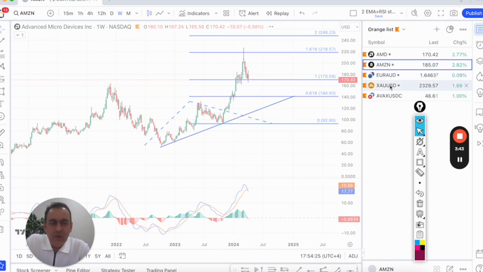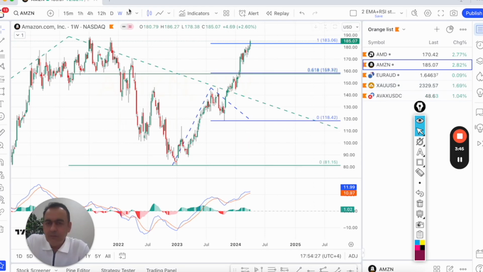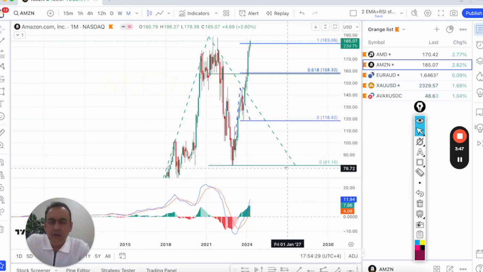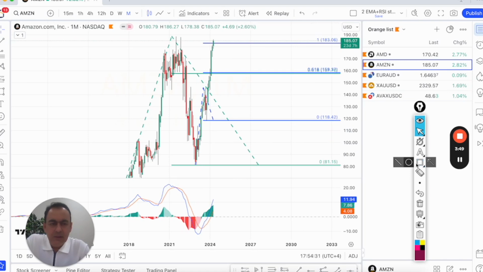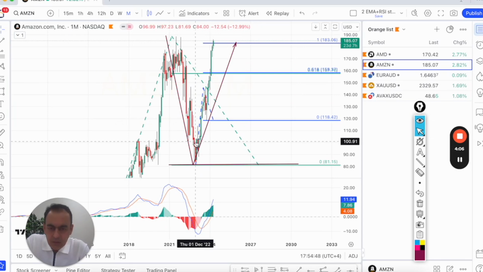Now the next stock is Amazon. Now again, I'll start on the monthly time frame, and on the monthly time frame, it has created a V-shaped recovery. So it crashed towards the price level of 81 way back in 22.